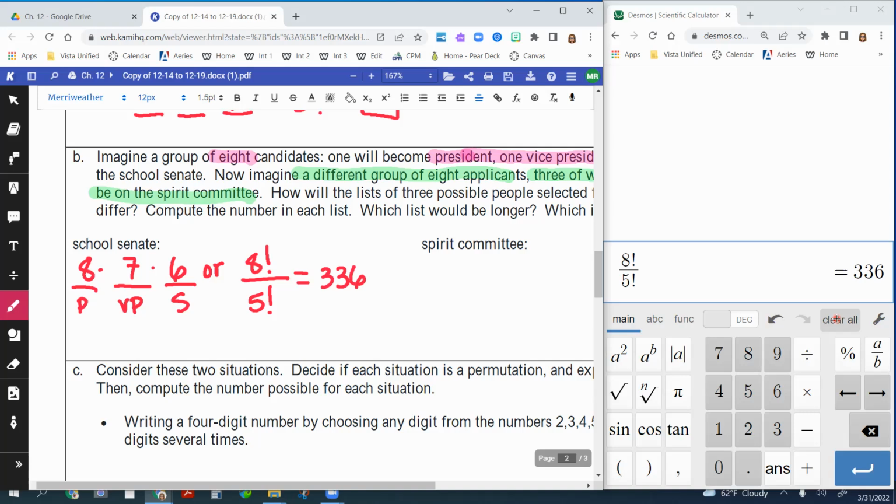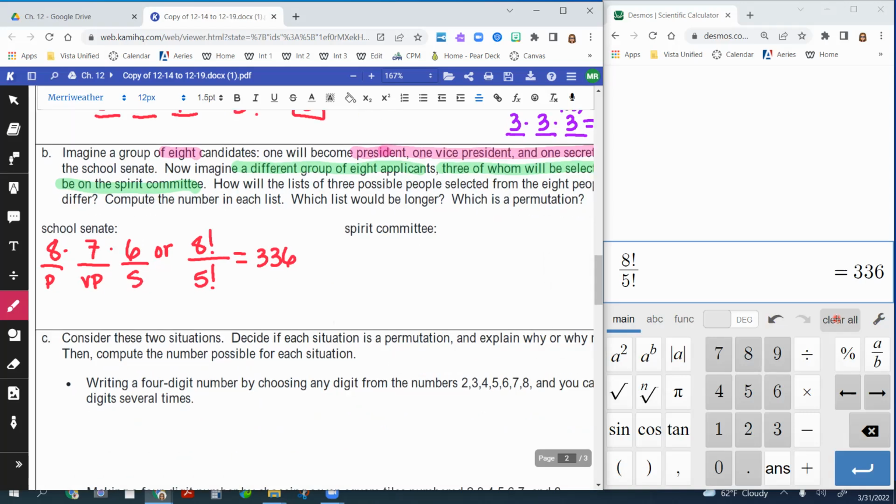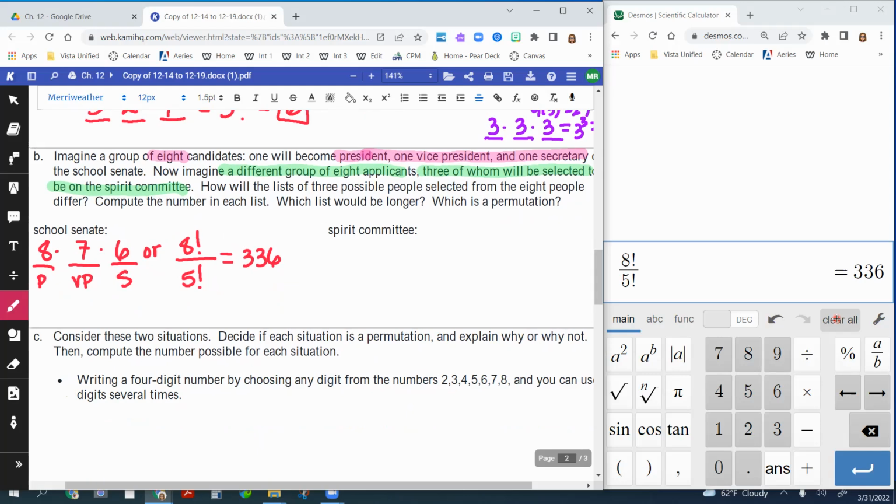Okay, now for the other one, what's going to happen is, this is more like, well, so in this case, I'm not going to have a person repeat. Okay, that's the problem.